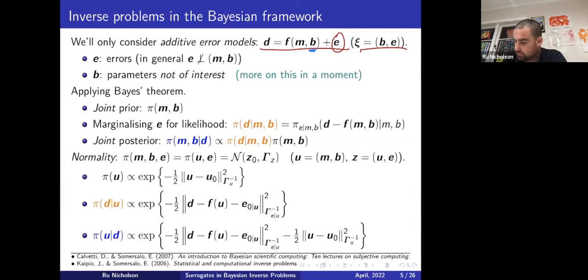But often people assume it is, and if it is independent of the parameters, great, and if it's not, well, of course that should be modeled. So we're going to assume that we have additive noise, and it's not necessarily independent of the parameters. And then again, these auxiliary parameters are not of interest, and so we'll talk more about that shortly.